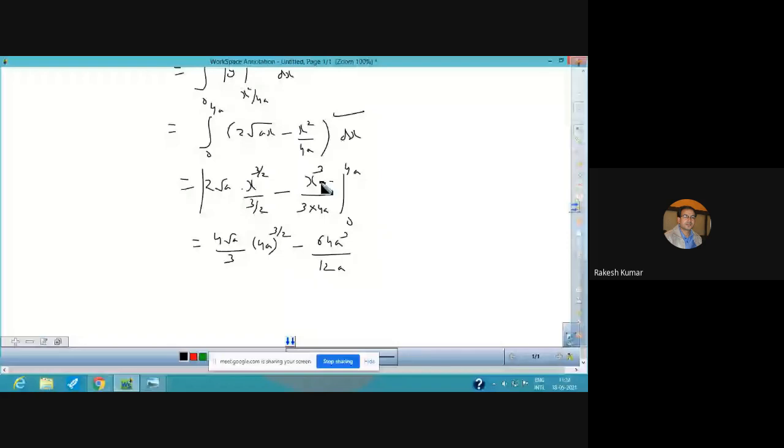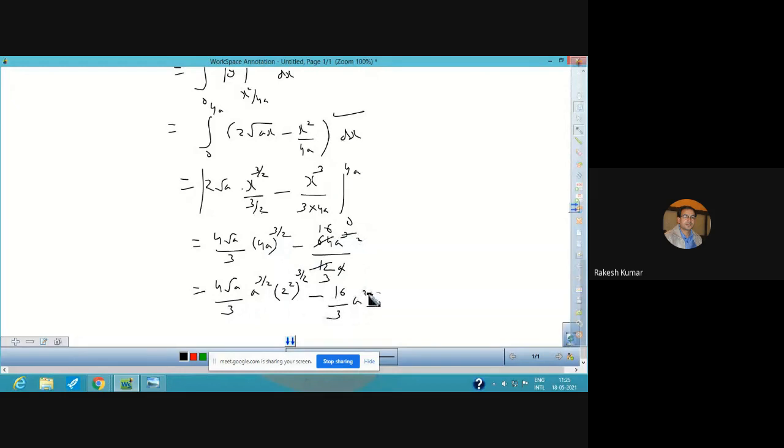So ultimately, this is 16, and this comes out to be 4 square root a upon 3, and a raised to power 3 by 2 is there, and 4 can be written as 2 squared raised to power 3 by 2, minus. So this is 16 by 3 a square.